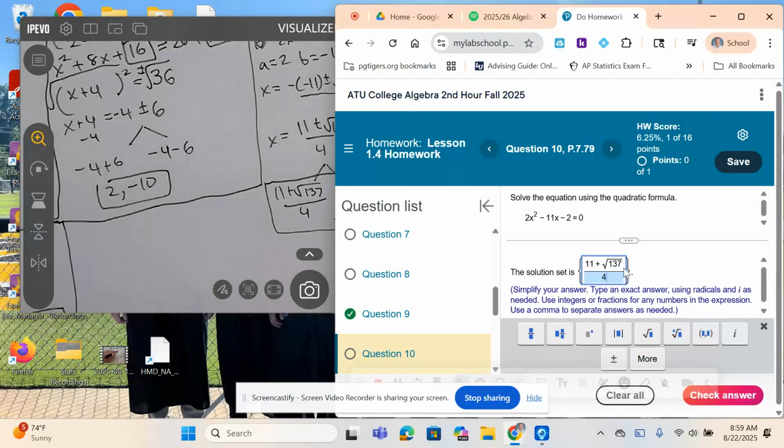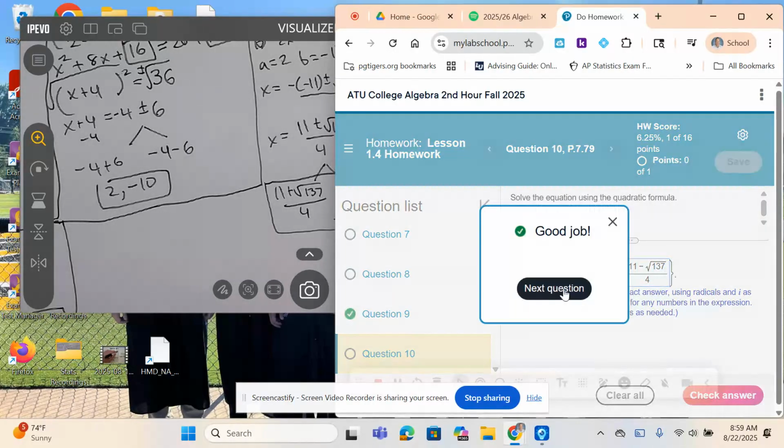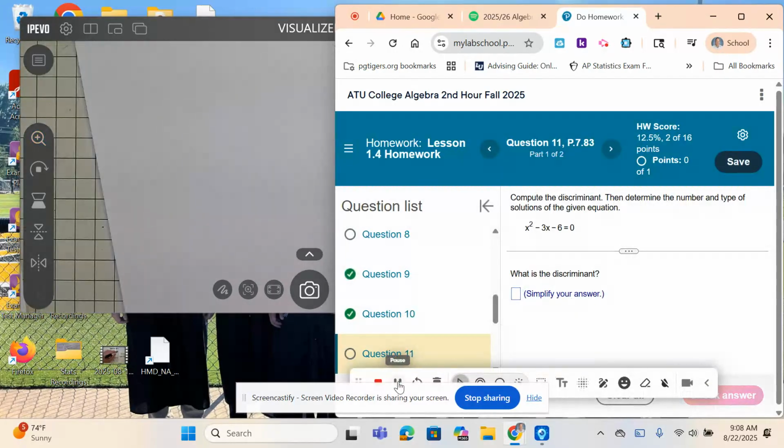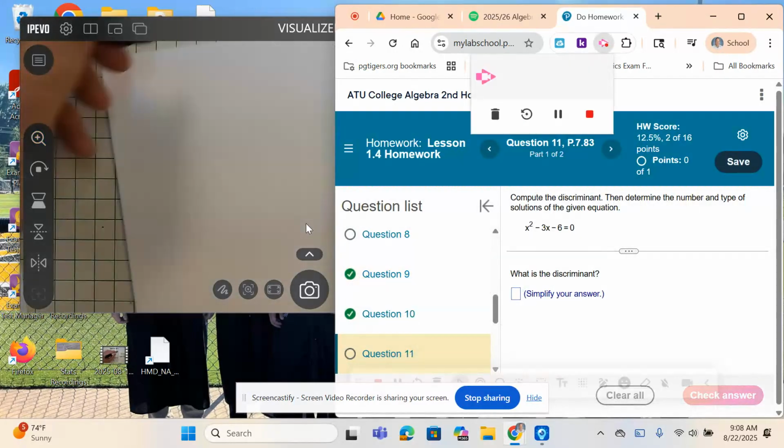And then comma, parenthesis, or 11 minus the square root of 137 divided by 4. Let's make sure that's right. Okay.